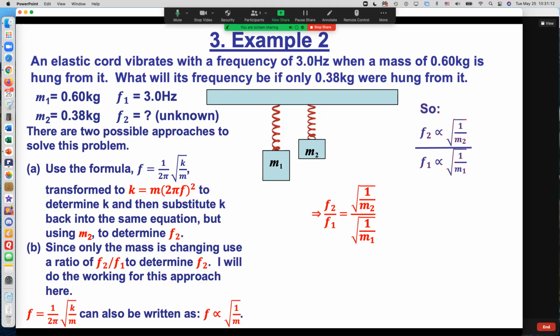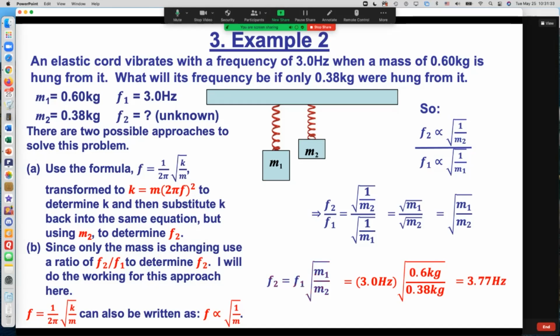That is, the ratio of f2 to f1 is equal to that, which is the same as the square root of m1 over m2. And now multiply across by f1: f2 equals f1 times the square root of m1 over m2. It's 3.77 hertz.